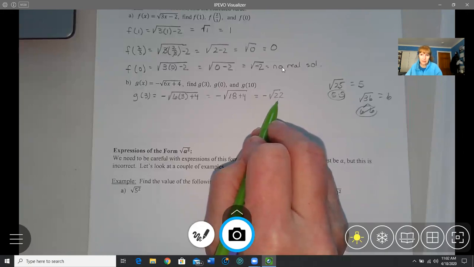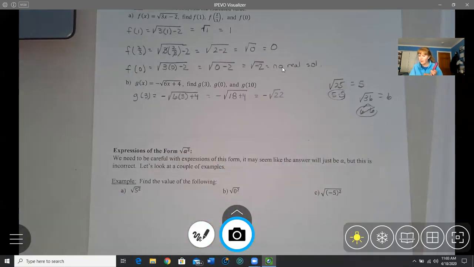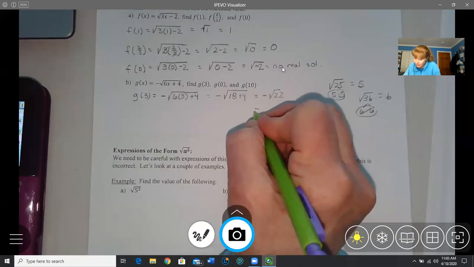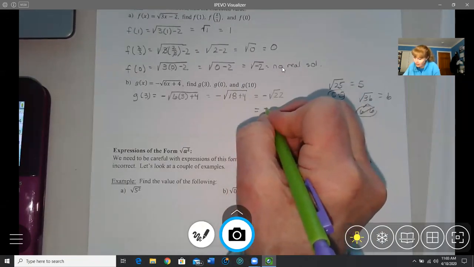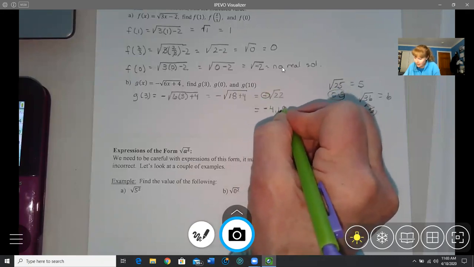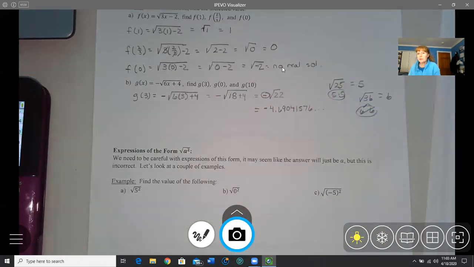Because something times itself other than a decimal. Now let's talk about that decimal here for a minute. They may actually have you do this on a calculator, but let's look at the square root of 22. When you put this in, we have a negative, and the number comes down to 4.690415576, and it just keeps going.